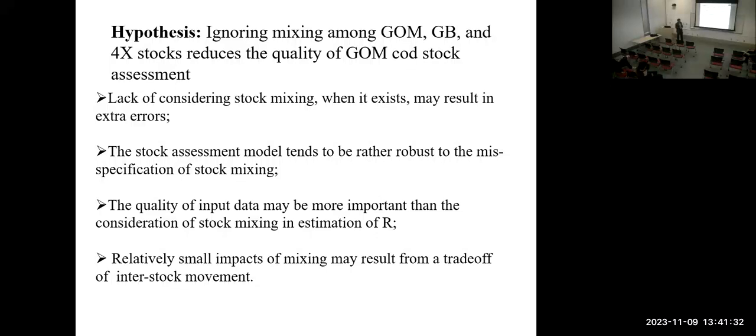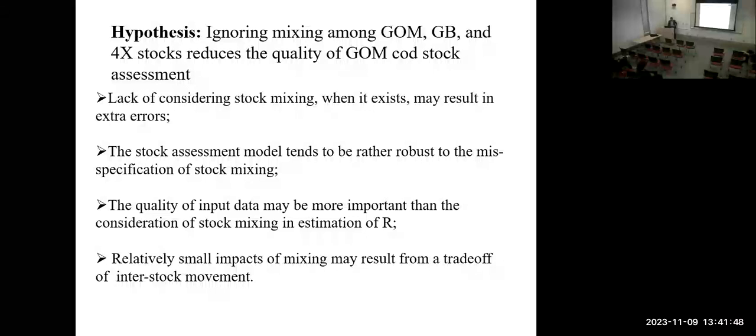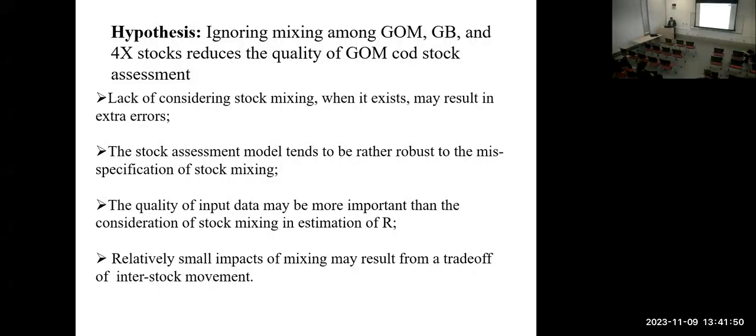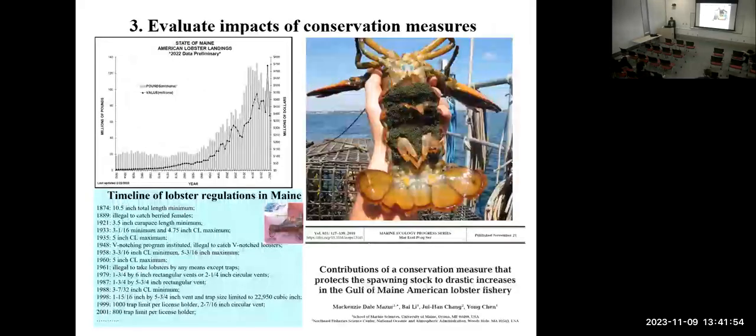And actually, we found that the quality of the data is more important than the violation of the assumptions. So that is the conclusion that we have. Actually, that conclusion was utilized by the Northeast Fisheries stock assessment for Atlantic cod quite a few years ago.